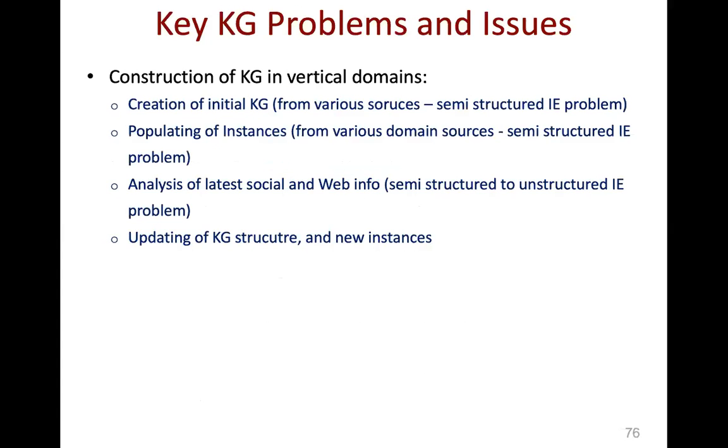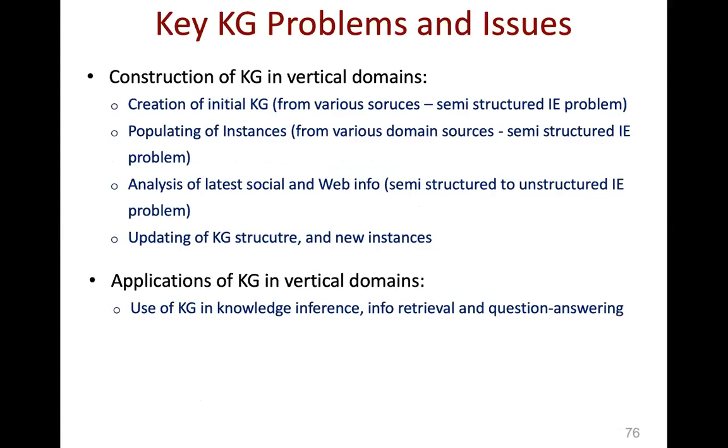The issues you can find are creation of the initial knowledge graph, populating instances inside, like we have seen with WordNet and Wikipedia, and analysis of the latest social web info, so basically population and update of the knowledge graph, adding new instances inside, as well as combining knowledge graphs with one another.